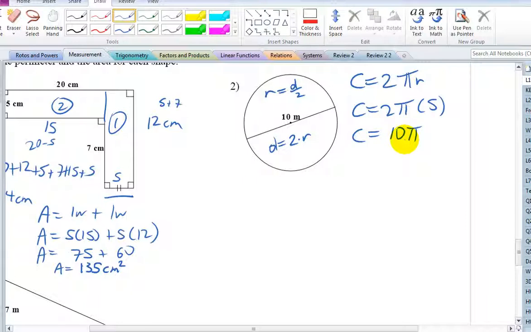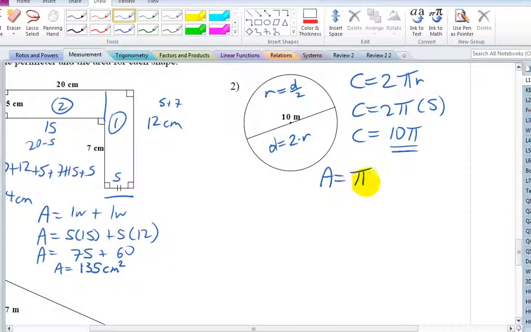Done. So just multiply your numbers. Leave it as a multiplication. 10 times pi. Don't go to a decimal. We want to deal with the exact answer. No decimals. Okay. Don't have to use the pi button on your calculator. We're done. If you had a shape other than circles, though, then you'd go to decimals. Okay, anything other than circles put together.